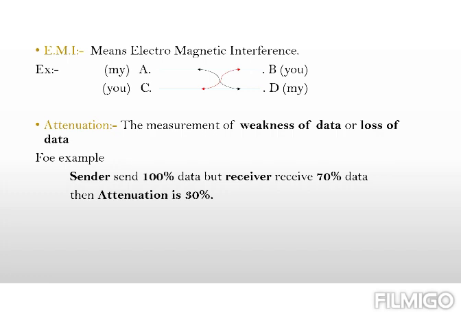Sometimes they got 100% wrong, sometimes some amount wrong. That calculation is called attenuation, that is how much data is lost. That means the sender sends 100% data but the receiver receives 70%, so attenuation is 30%. So these are the very important characteristics of transmission media.